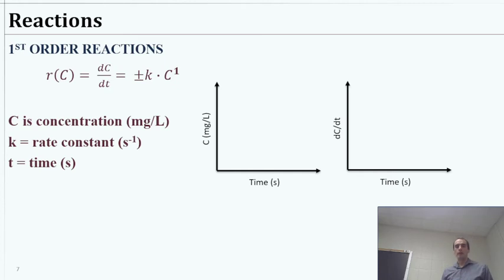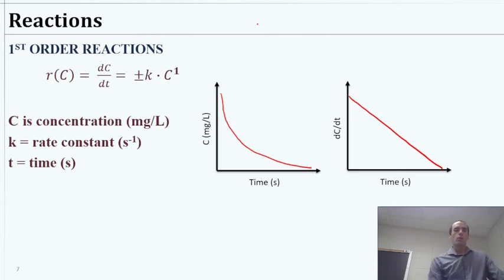Okay, so we'll do the same thing with the first order. With a first order, the concentration we talked about is changing something like this over time for a decay reaction. That means our dC/dt over time is actually going to be linear. And we'll derive that in a moment.